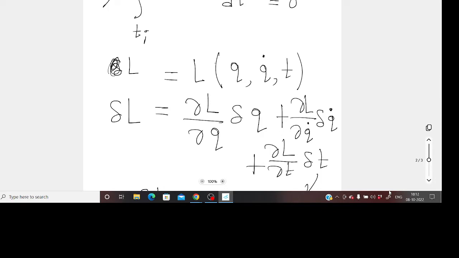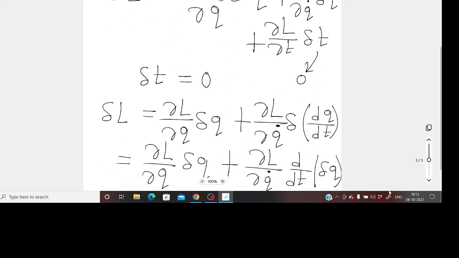Fine. So you have to find out the change in L, right? So this is delta L. This L is a function of q, q dot and t. So delta L will be del L del q into delta q plus del L del q dot into delta q dot plus del L del t into delta t, right?